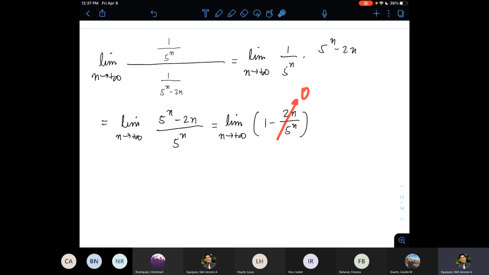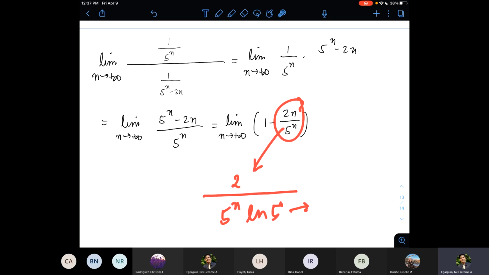Okay. In case you forgot that hierarchy, you can use L'Hopital's rule here, right? Because this would be infinity over infinity. So this would be 2 over 5 to the n ln 5 when you take the derivative of top and bottom. So the denominator goes to infinity.